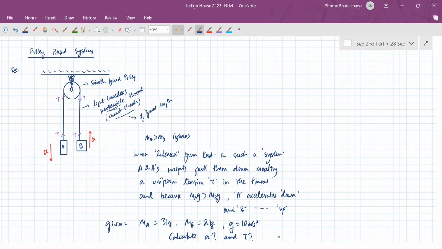Sir, can you reread the statement? Okay, when released from rest in such a system, A and B's weights pull them down, creating a uniform tension in the thread.